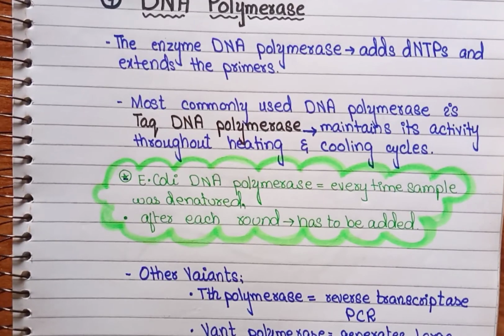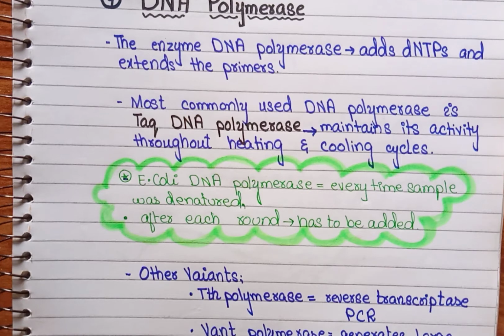Next we have DNA polymerase. That is basically the main component in PCR, because it adds and extends the nucleotides and helps in DNA synthesis. In the early days, when Kary Mullis performed the first PCR, he used E. coli DNA polymerase. But the problem was that it had to be added every time in each round of PCR, because every time the sample was denatured. So there was a big problem.